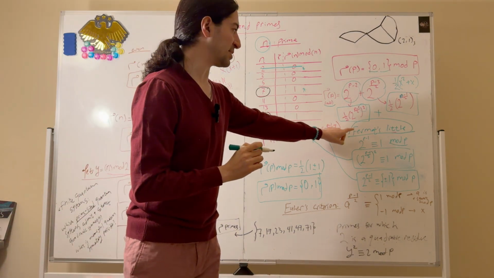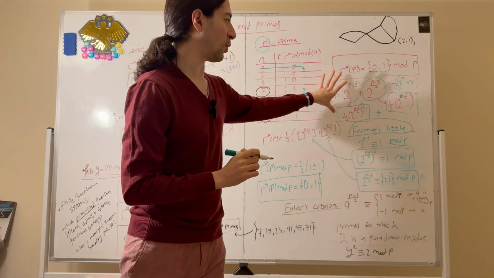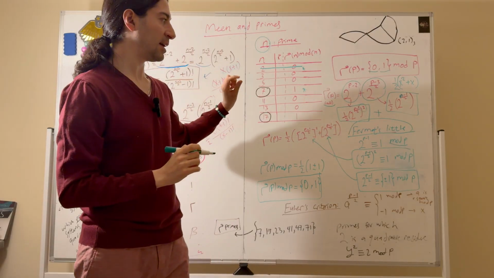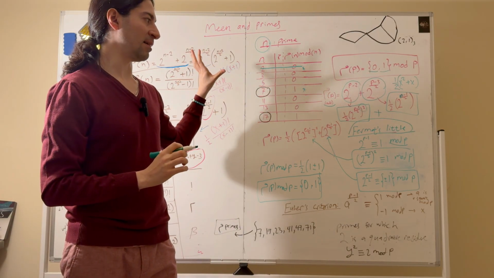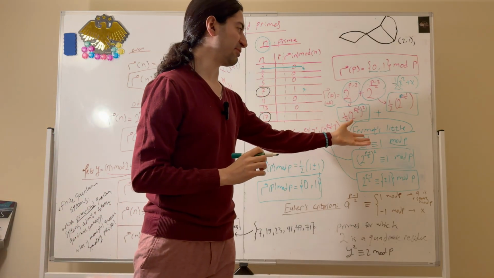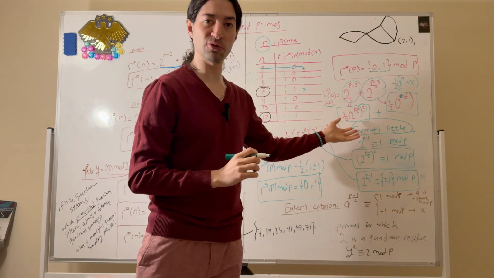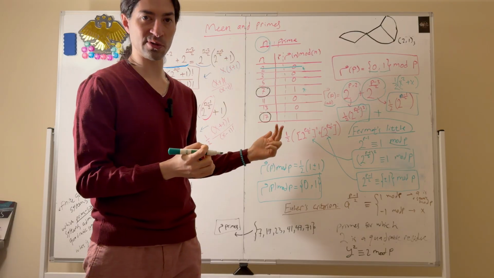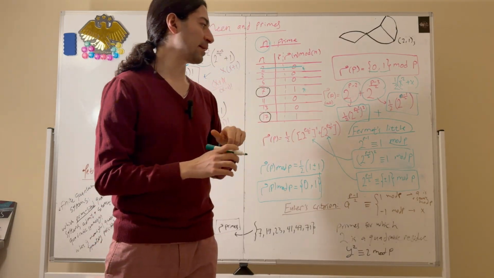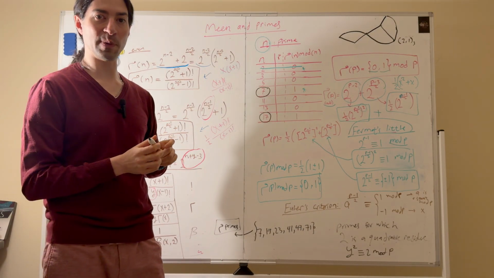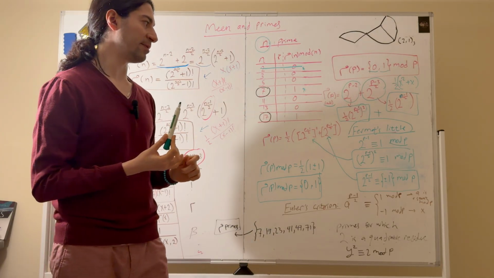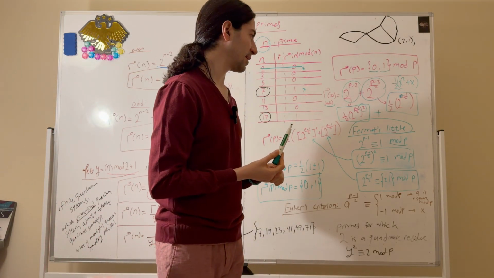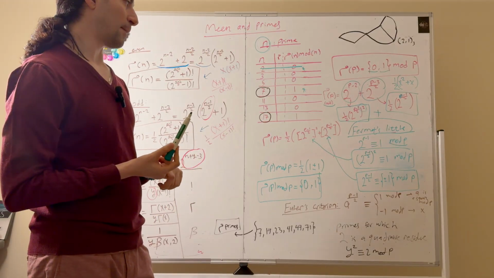And here it should become very clear why there is such a connection, because meem of n is really a sum of 2 powers of 2, and Fermat's little theorem is also related to powers of 2. And we are focusing on the values that are prime. So what does this mean?